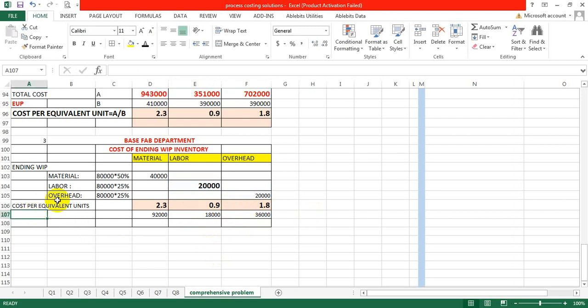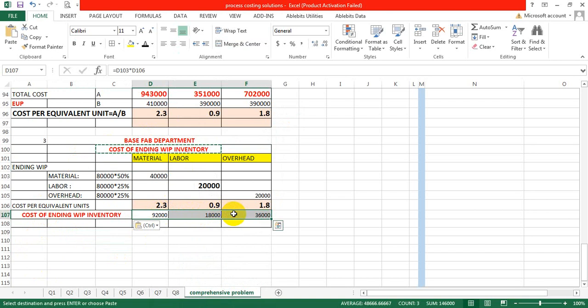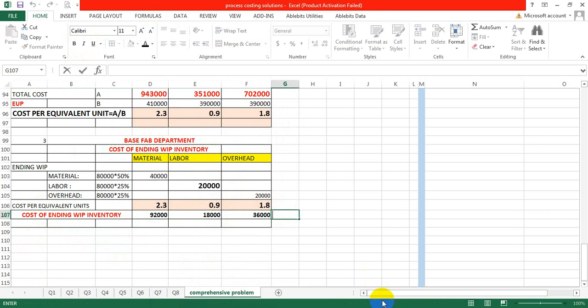Cost of ending WIP inventory. Cost of ending WIP inventory is 92, 18 and 36. 92, 18 and 36. Or I can say my total ending inventory cost is the summation of these three values, 1, 2 and 3.